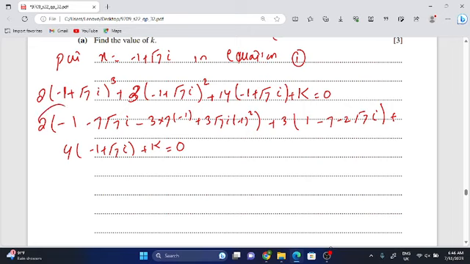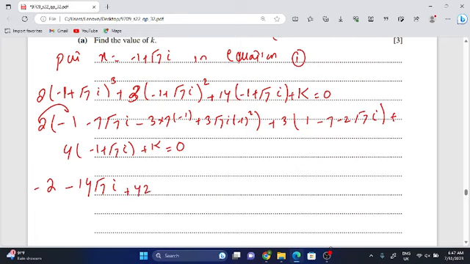Now multiply 2 inside, that gives me minus 2 minus 14 square root of 7 i minus, 3 times 7 is 21, and 21 times 2 would be 42.